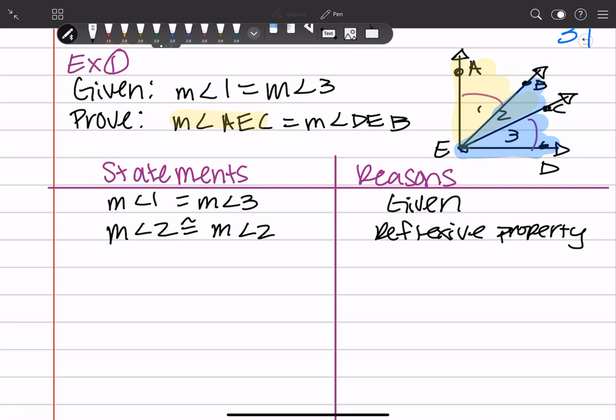All right? Well, now what we can do, we can use our first statement, and we're going to add the measure of angle 2 to both sides. And when we're doing that, we're using our addition property.